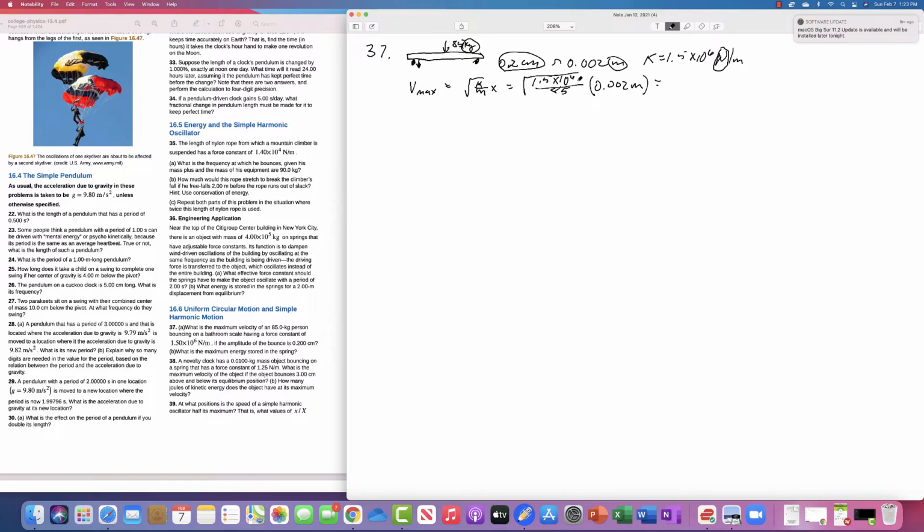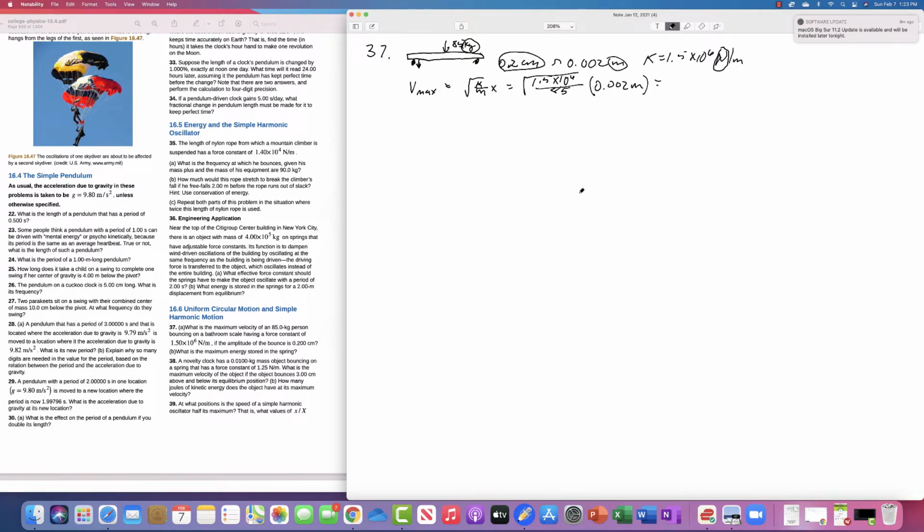If you look, a newton is a kilogram meter per second squared. You divide that by kilograms and you get meter per second squared, and multiplying by meters gives meters squared per second squared. Take the square root of that, and that's meters per second.